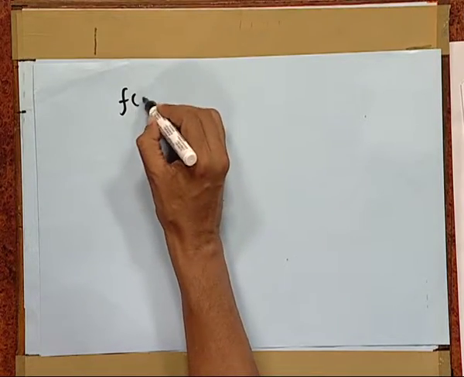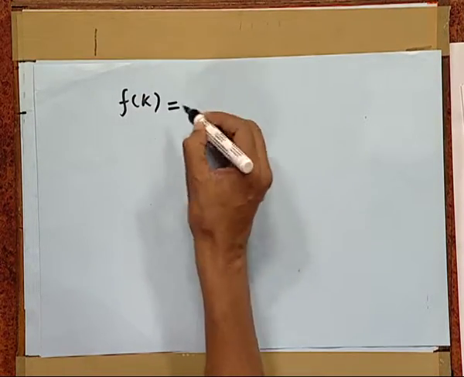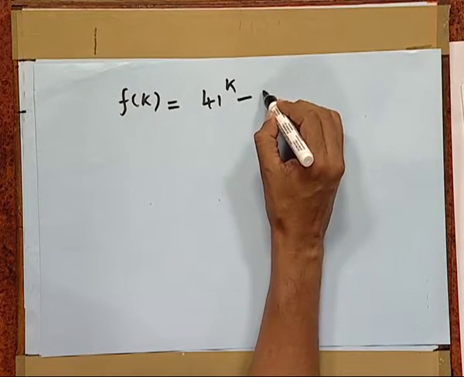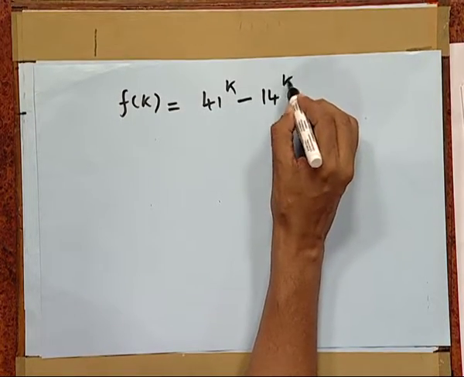We have done the first step. Now, for the second step, we have to slightly play some trick. First, we assume that f(k) is 41 power k minus 14 power k.